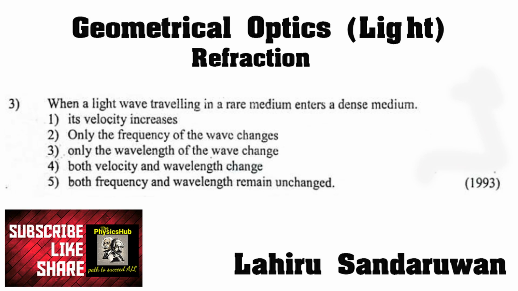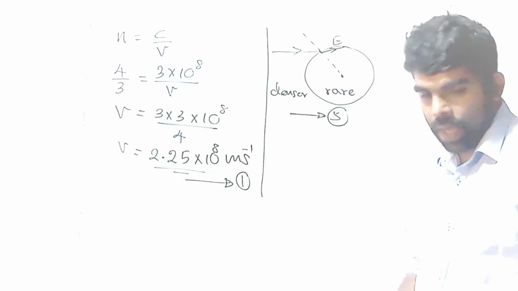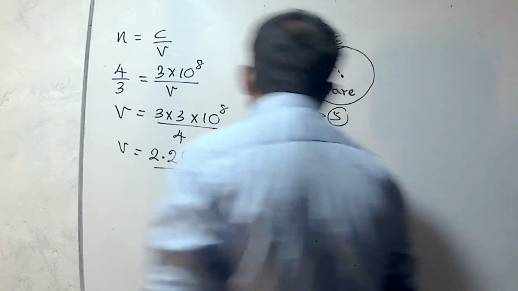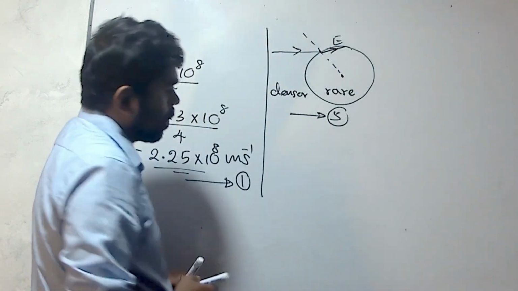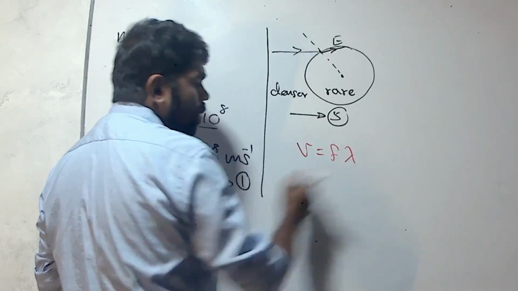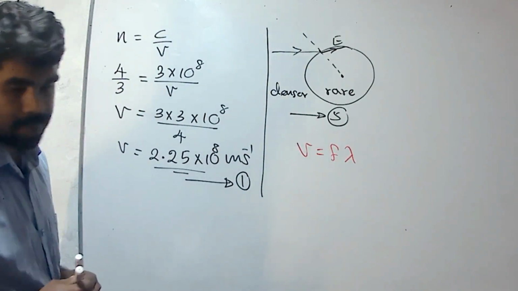When a light wave traveling in a rare medium enters a denser medium, we have to select the correct statement. They have given options about velocity, frequency and wavelength. I will explain it. We can use v equals f lambda to explain it.